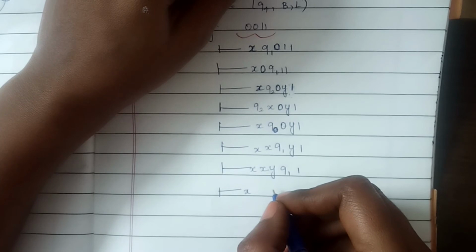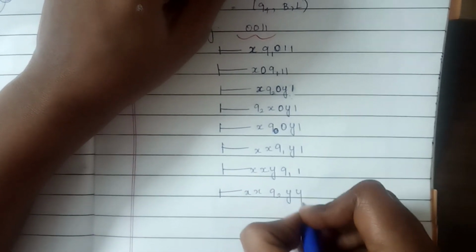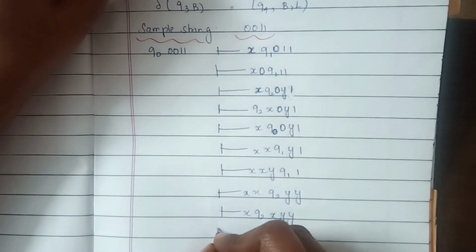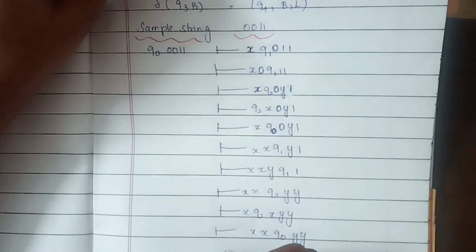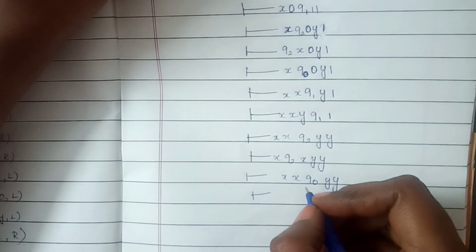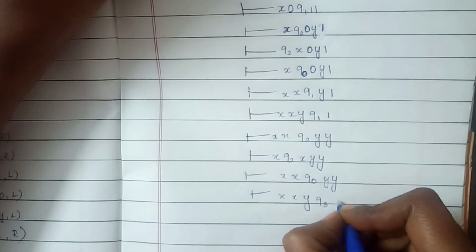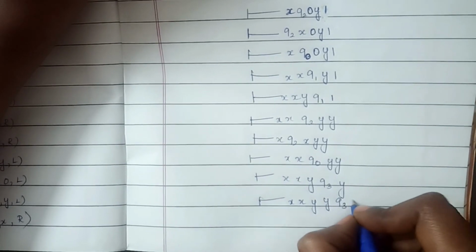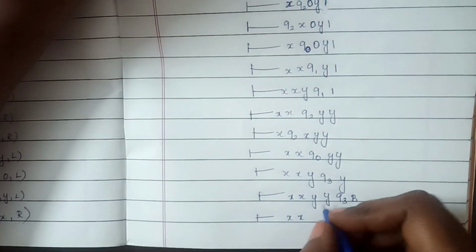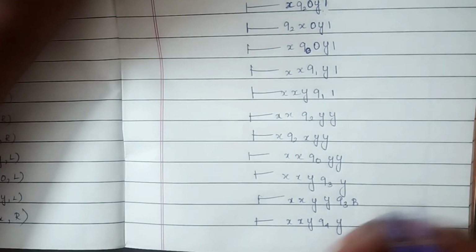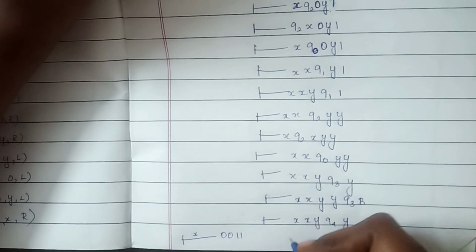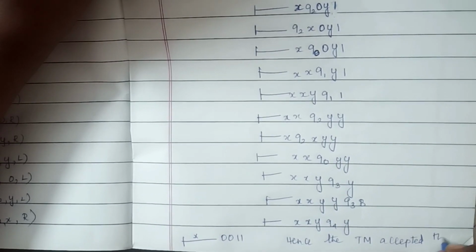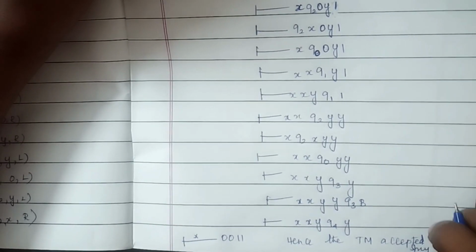After that X Q2 Y Y. We'll have X Q2 X Y Y, X Q0 Y Y, X Y Q3 Y, and finally X Y Q3 blank symbol, and finally X Y Q4 Y. So now we have 0011, hence the Turing machine accepted the string, or accepted the particular language.